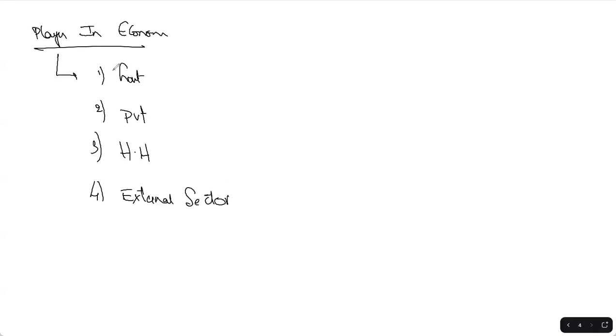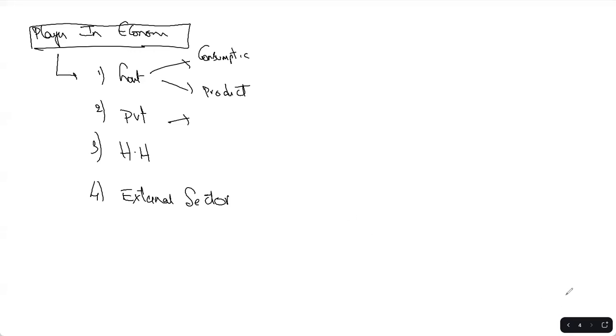Government is playing a role in both consumption and production. The same thing is being done by private sector, household sector and the external sector. So these are the four major players in the economy.